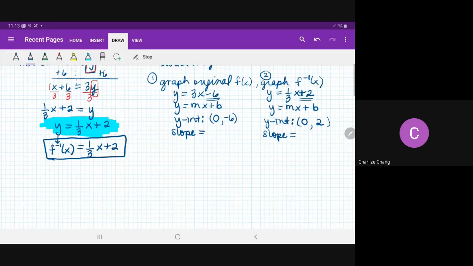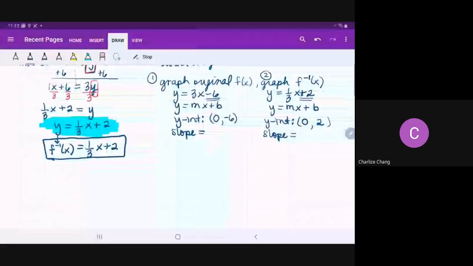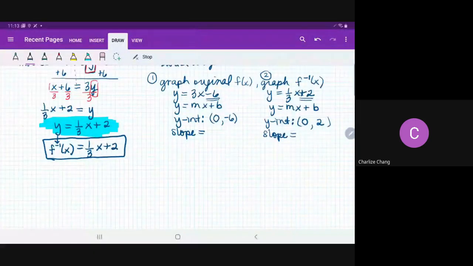And then often in your other math classes, they might just call the y-intercept -6, and they might not put the 0 with it. And that just means you go on the y-axis, and then you go down to -6. So some books and some teachers write it with coordinates, and some do not write it as coordinates.